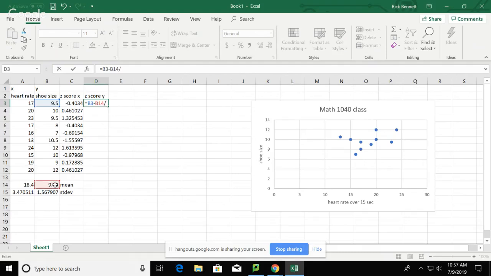Divide by the standard deviation, which is 1.56. Is that correct? Got to put the dollar signs where? B15. Parentheses where? The numerator, right? B3 and B14. Am I right now?